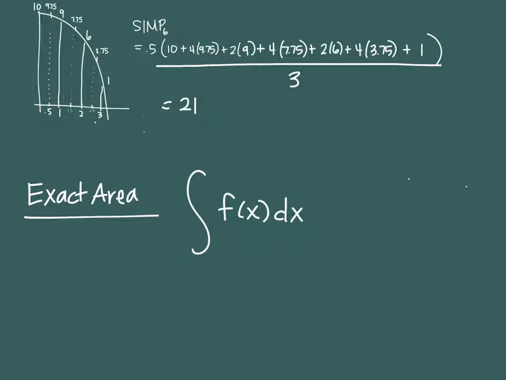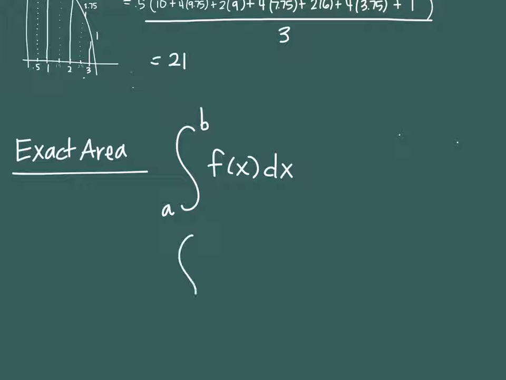So you have the function, and then the d kind of means like on top of or with respect to, and then x would be that it's sitting on the x-axis. And then the way you know to start and stop is there's a number written at the bottom and then another number written at the top. So how I would write it for the problem I'm working on right now, I would write the exact answer like this.